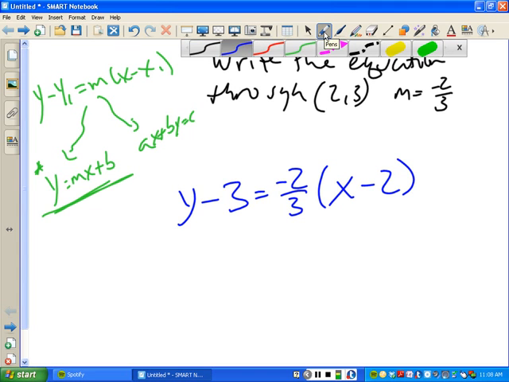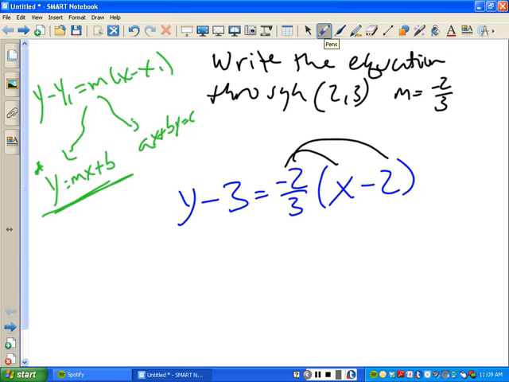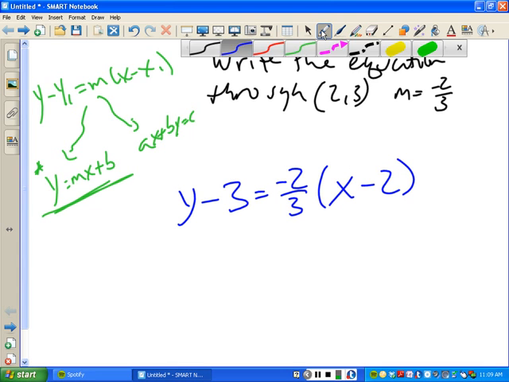Now, from there, you're going to distribute. Why don't we get rid of the 3 first? If you distribute, you're going to get a fraction that we don't really want to have to deal with necessarily. So let's multiply through by 3 and we'll get rid of the fraction. That'll be nice.